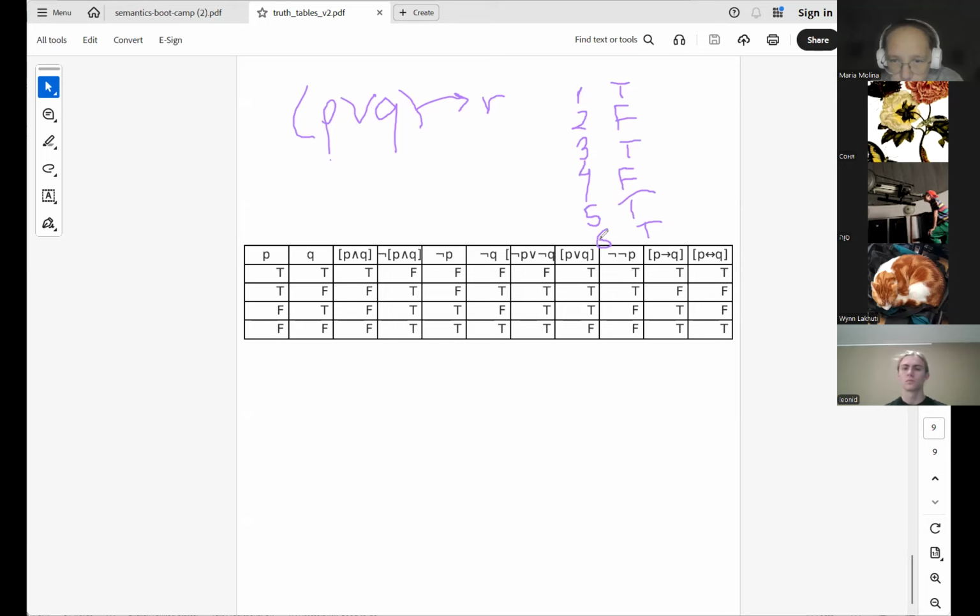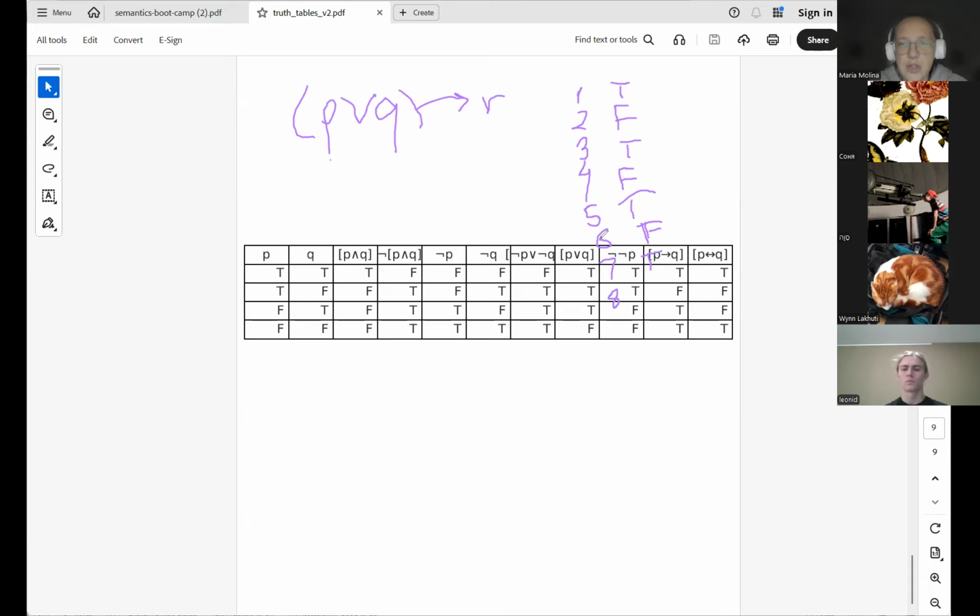P false, Q true, R false. That's false. Wait, hold on. P false, Q true, R false. Yeah, should be false. Yeah, that's false. 7. P false, Q false, R true. That's true. P false, Q false, R false. True.